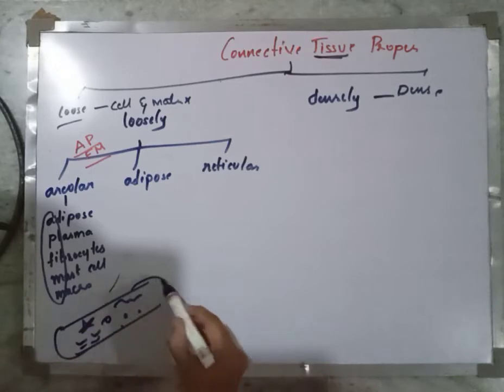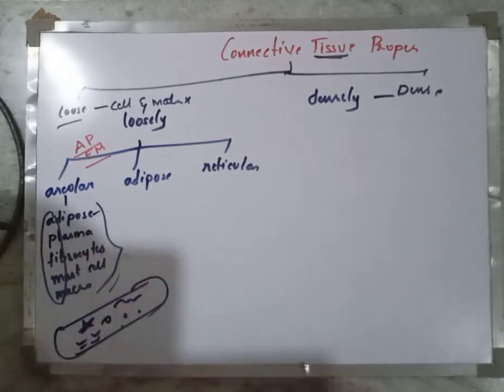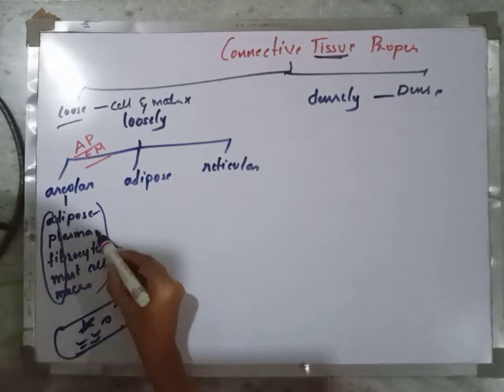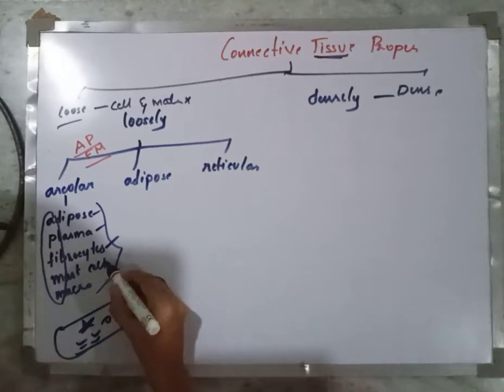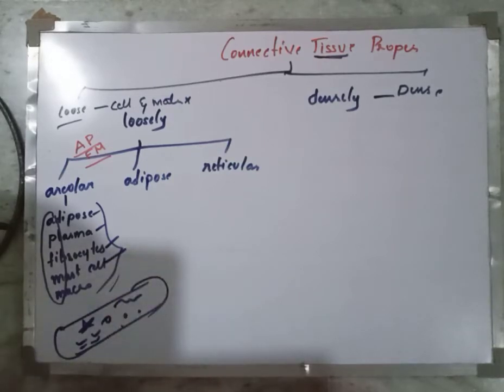Adipose cells, as commonly known, are useful for fat storage, and the plasma cells produce antibodies. The fibrocytes provide fibers which give strength to the tissue, the mast cells are useful in pathogenesis, and the macrophages are useful in killing pathogenic organisms. So this is about the overall areolar tissue.